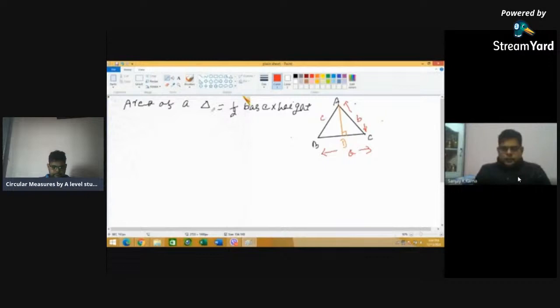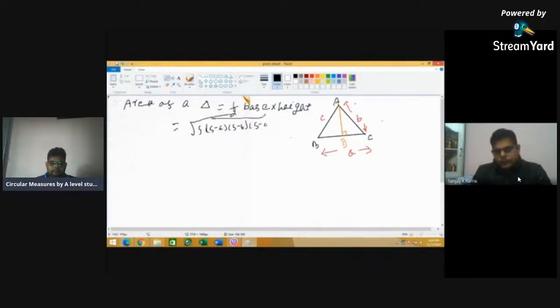So in general, the area of the triangle is equal to half times base BC times height AD. Another formula that you know is the square root of s(s minus a)(s minus b)(s minus c), all under the root.